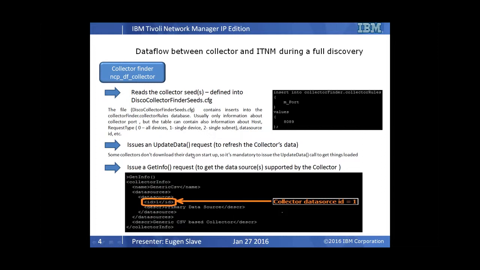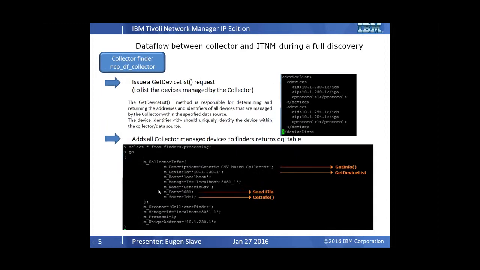So the next step, as I told you, is to get information about the collector. Here you can see an XML response from the get info request. This response is received by the collector finder and it's processed. Okay, next step is to gather the device list.